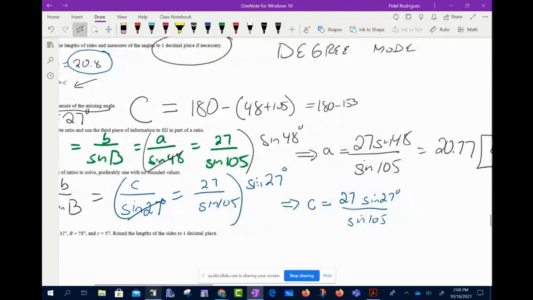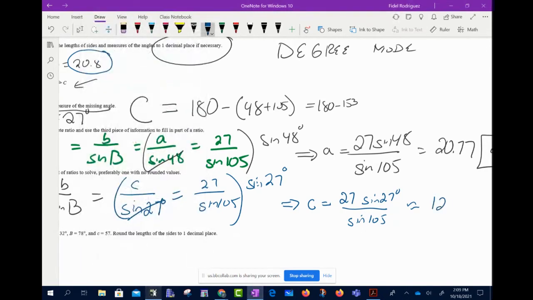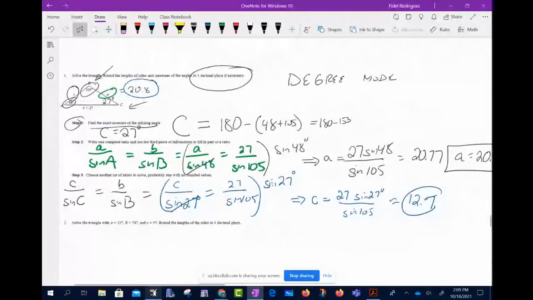Again, I'm going to do the same thing as before. I'll pull up my calculator and write 27 times the sine of 27 degrees divided by the sine of 105, and enter that in. I'm coming up with 12.69. Since I'm rounding to one decimal place, this is going to be 12.7. And we found each of our sides.